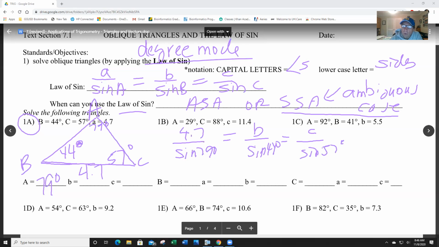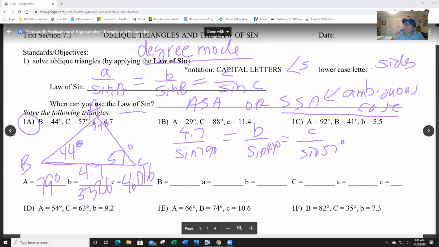Then again, you'll do your cross multiplying and dividing, and you can check your answers. You can stop the video if you need to. B is 3.326, and then C is 4.016. Okay, so that's 1A.